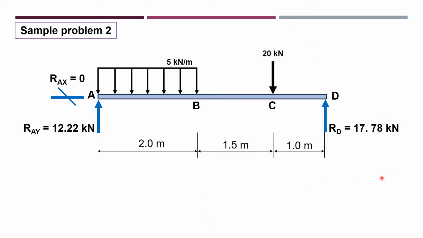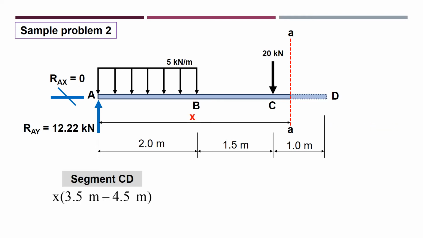And for segment CD, so pass an imaginary cutting plane, measure that from A. This is now our FBD for CD, considering the left side of the cutting plane. Our limit now is 3.5 to 4.5.